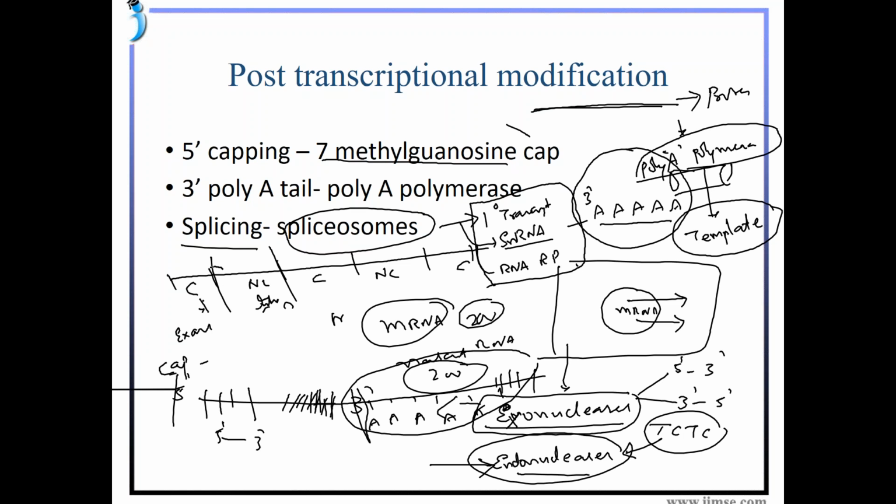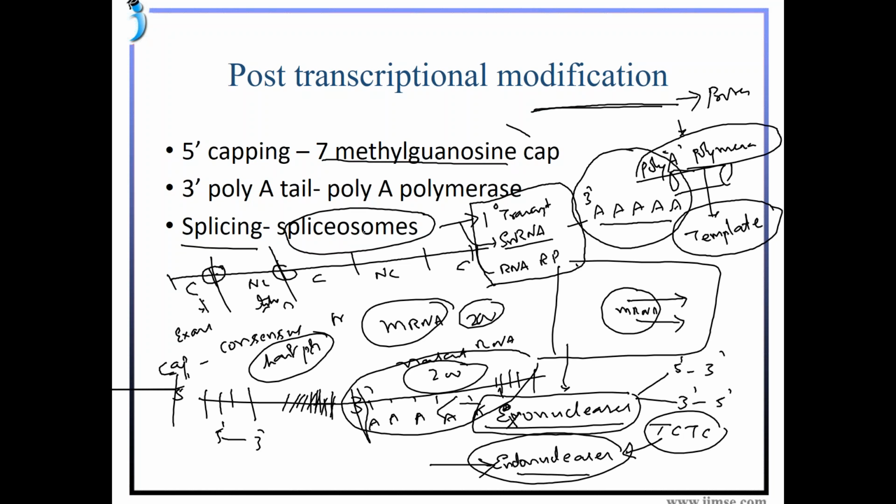There will be certain sequences at this junction called consensus sequences. The same sequence will be present in this junction. So if there is a consensus sequence, like in termination, if these two come near, they will form a hairpin structure.